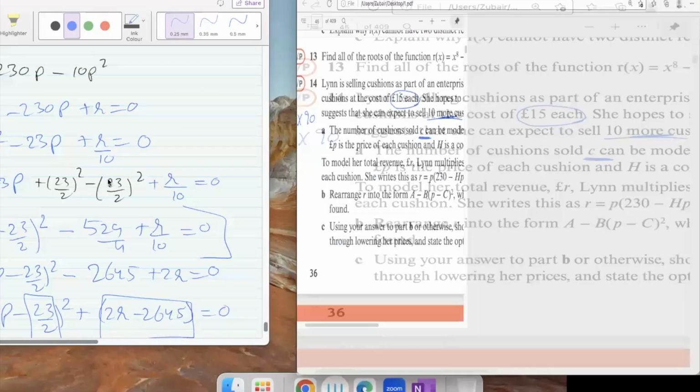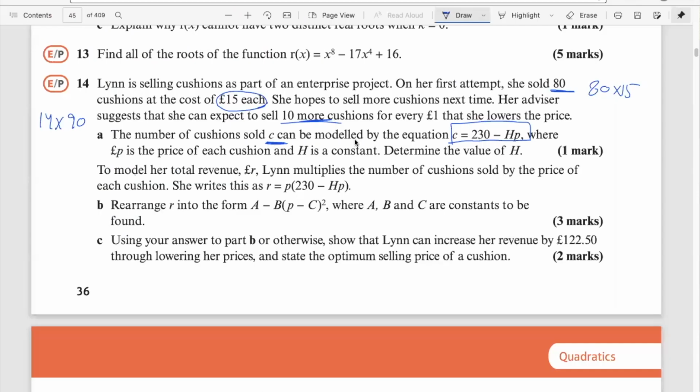Let me relate these two. The number of cushions sold C, where pound P is the price of each cushion and H is the constant, determine the value of H, that is 10. To model her total revenue, Lynn multiplies the number of cushions sold by the price of each cushion. She writes this as this.